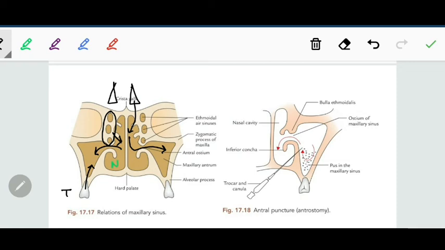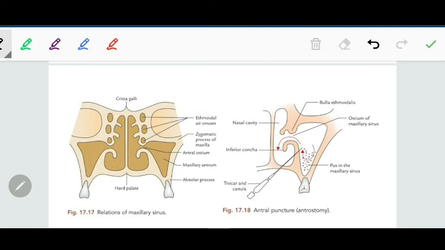So having the most dependent part in the floor, this maxillary sinus acts as a secondary reservoir of pus, especially from the frontal air sinus.